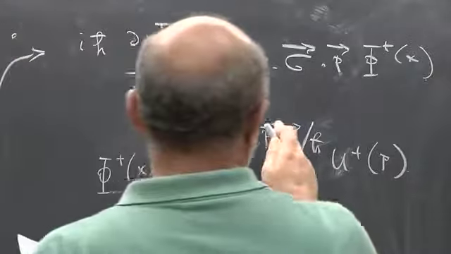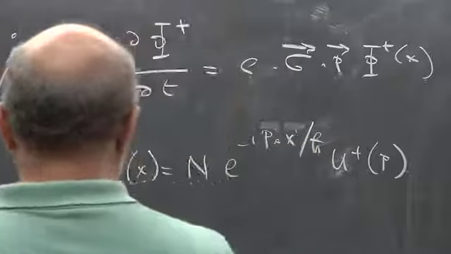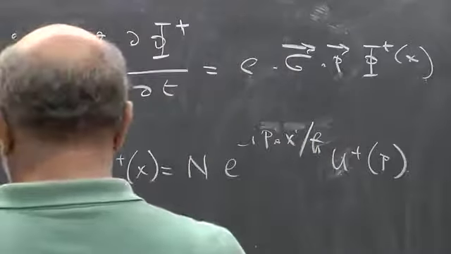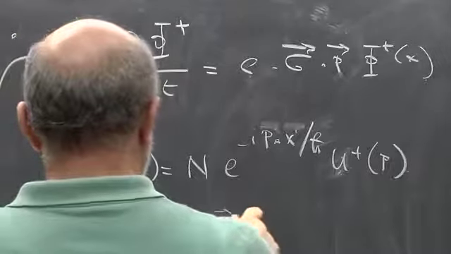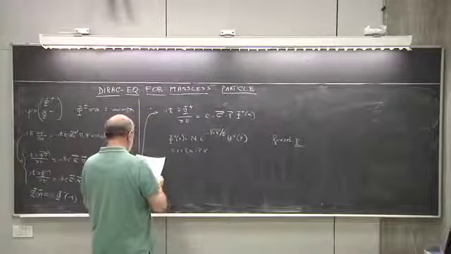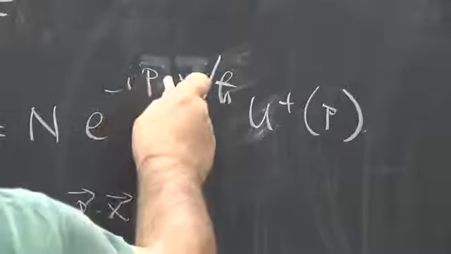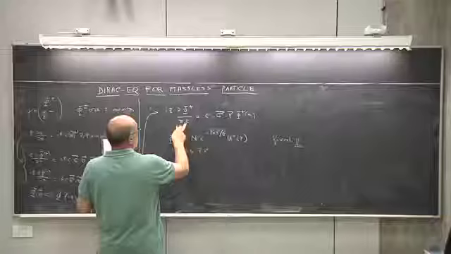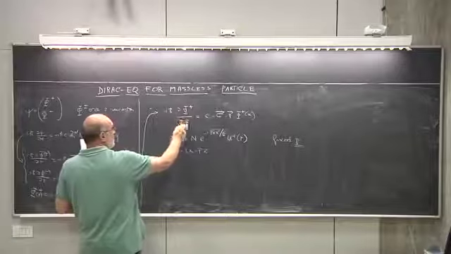Now, this p·x is four-dimensional: p times x means p0 x0 minus p times x. So this is a four-dimensional scalar product. If you write it in this manner, when you do the derivative with respect to t, you will bring down a c p0.